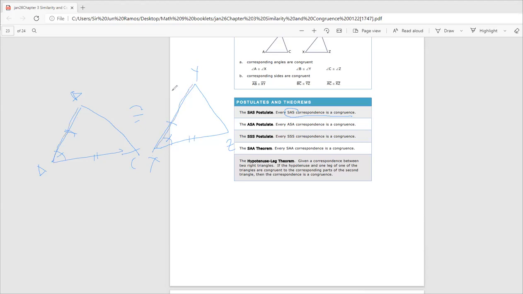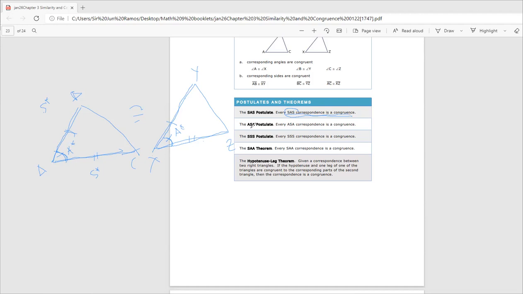This is the first pair of sides, and this is the second pair of another side, and the included angle here, they must be congruent. So S congruent to this, congruent to that, and the included angle should be congruent. And we say that triangle ABC is congruent to XYZ by the SAS correspondence postulate.